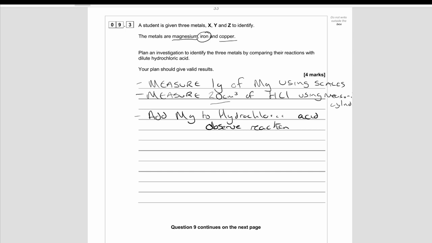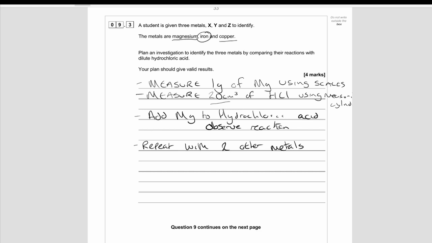You're then going to repeat this with your 2 other metals. Now, you could have measured the temperature before you added the metal and after, and a higher temperature change would have happened for the most reactive of these. But doing it with bubbling is just the easiest way to see them in the quickest way.